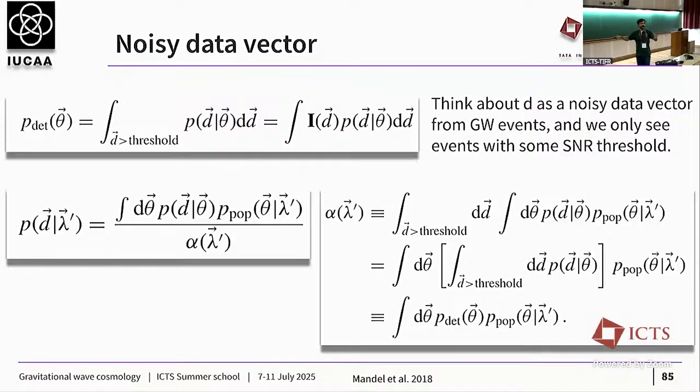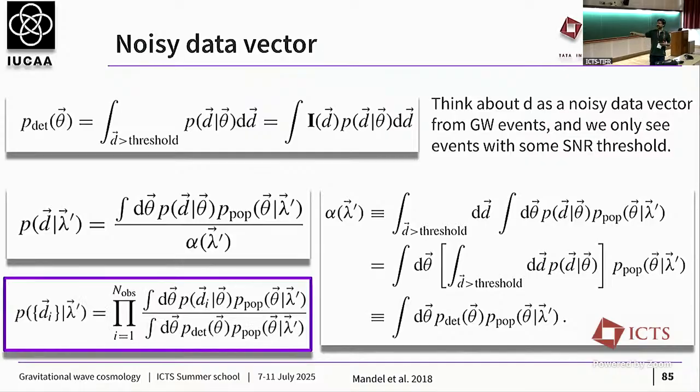So what is the noisy data vector given these parameters? It's an integral over all possible thetas that can give that noisy vector. This is what it simplifies to for a given event. Now, if you have many, many events, then there will be a multiplication.